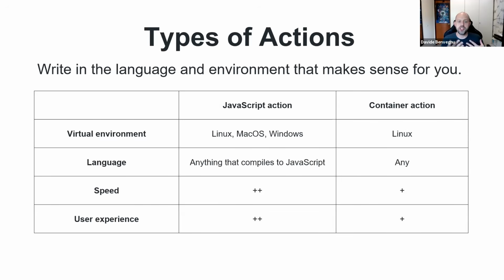To recap, these are the types of actions that we can use in our workflows. There are mainly two types, as we said before. They are the JavaScript actions that can run on Linux, Mac, and Windows, and that can be written in basically anything that compiles to JavaScript. They are executed in a Node.js environment or context.